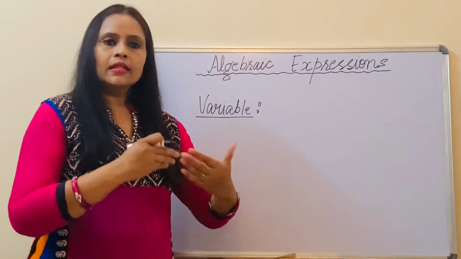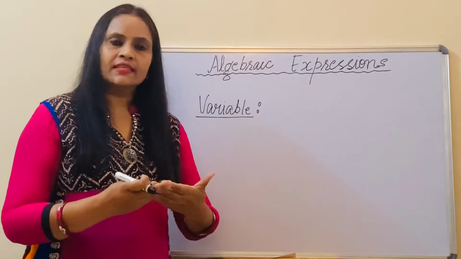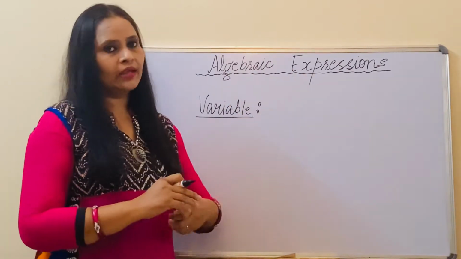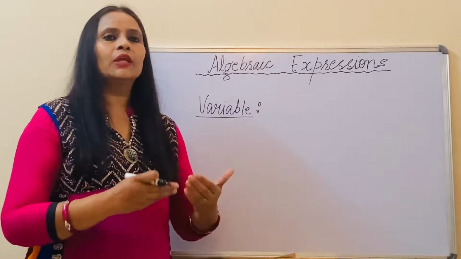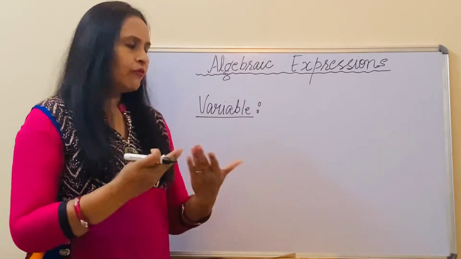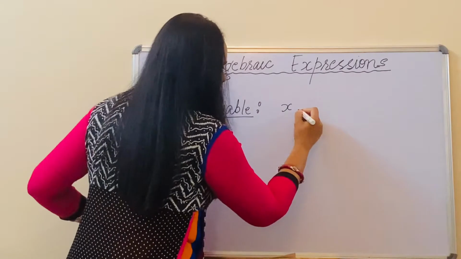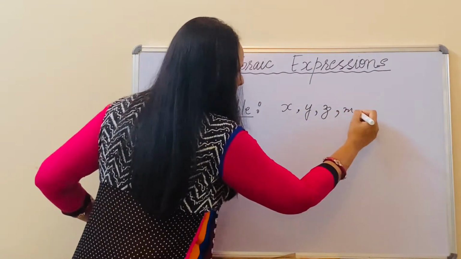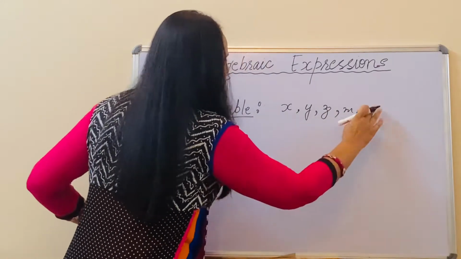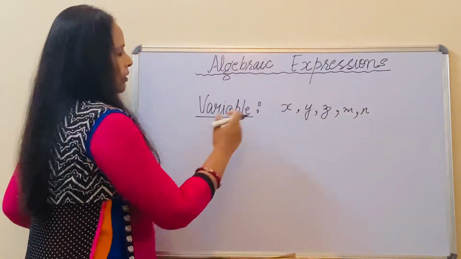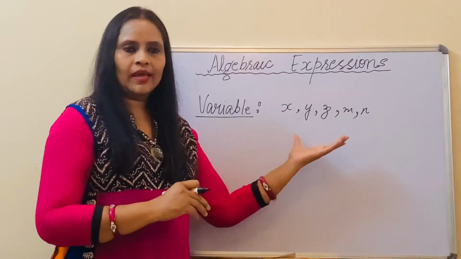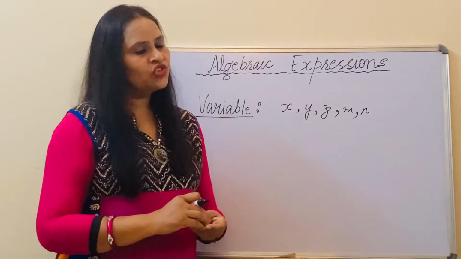Varies means the value changes, meaning the symbol represented in an algebraic expression whose value can be changed. For example, x, y, z, m, n and so on. So these are the variables and the values of these can be changed.